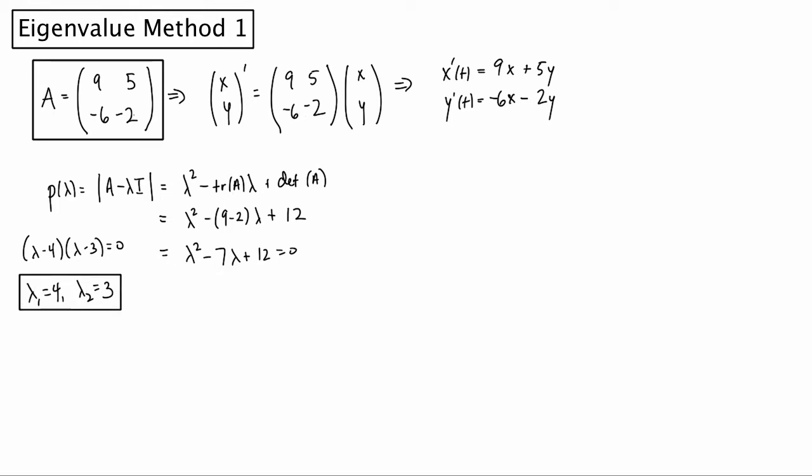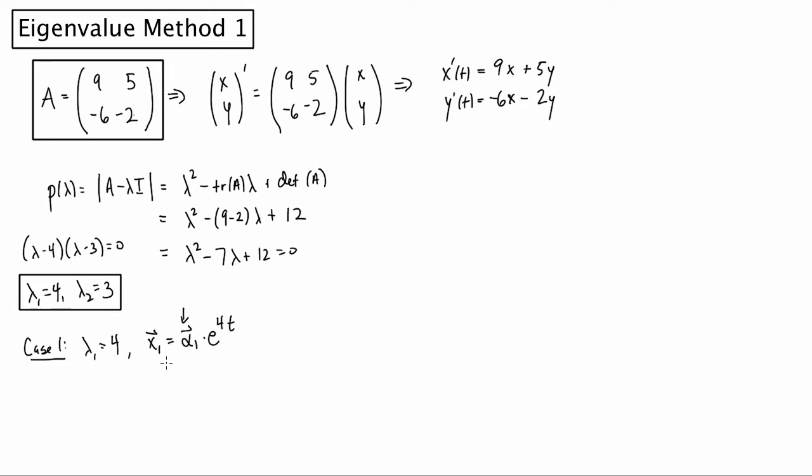Once we have the eigenvalues, we're going to break it up into cases. So we'll start with case 1, suppose that the eigenvalue is 4. Then what I'm looking for is a solution, which I'll call x1, equal to an eigenvector alpha 1 times e to the 4t. So that's the solution that we're hunting for, and we're trying to find the value of alpha 1 that makes it a solution.